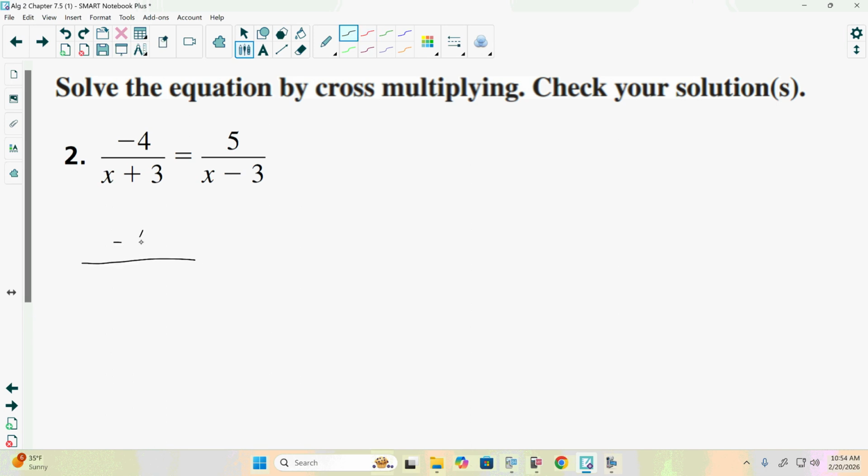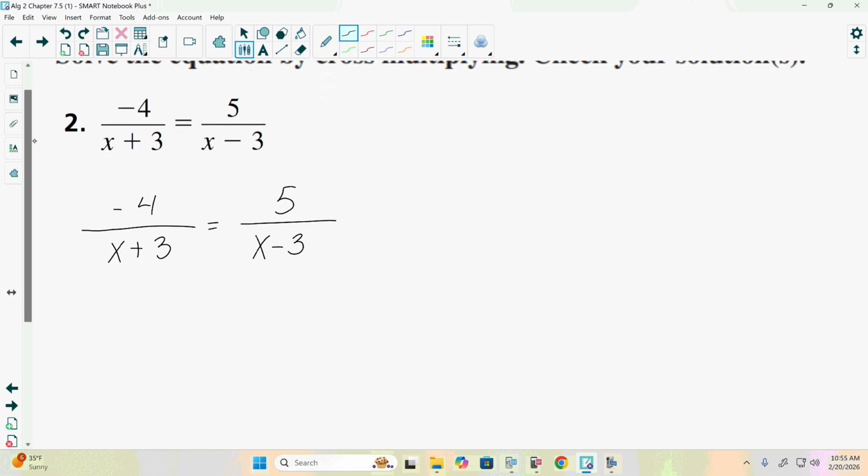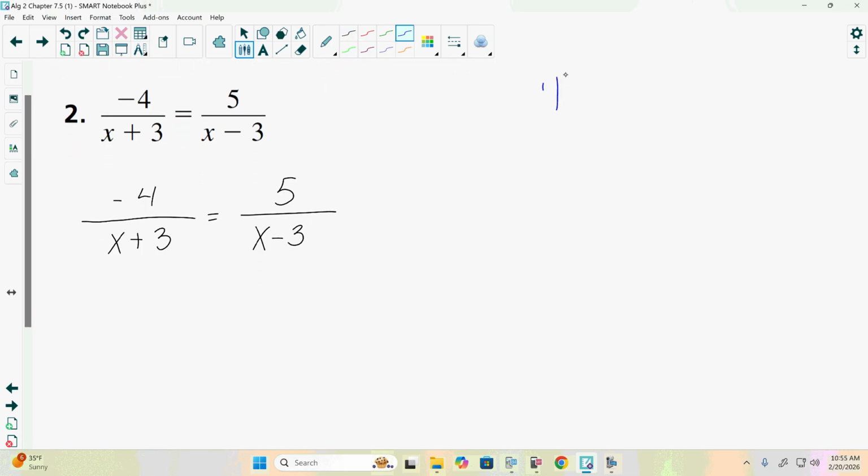Now our first expression, negative 4 over x plus 3, the x plus 3 is factored as far as it goes. Our other fraction, 5 over x minus 3, the x minus 3 is simplified as it gets. So we're good there. Now our restrictions are any value of x that's going to make the denominator be 0.